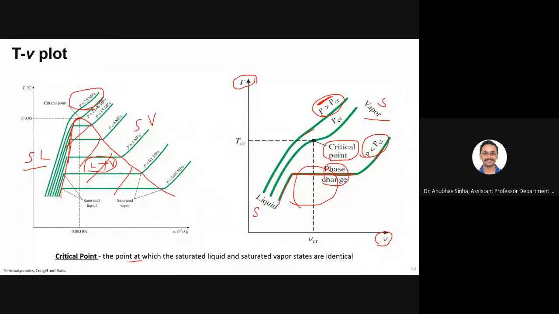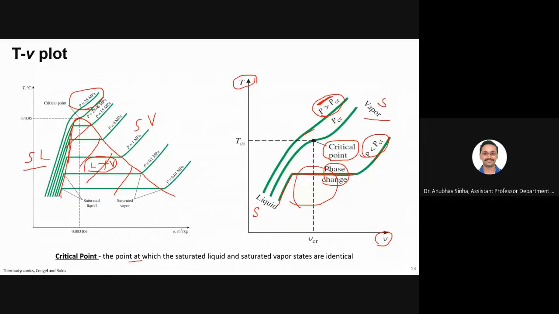I don't think there are many examples where we'll talk about supercritical. From an application point of view, we have supercritical boilers, when you boil water at much higher pressures, but we'll not talk about that. You may be studying them in your second year, in a course called Applied Thermodynamics, where you will talk about supercritical boilers.